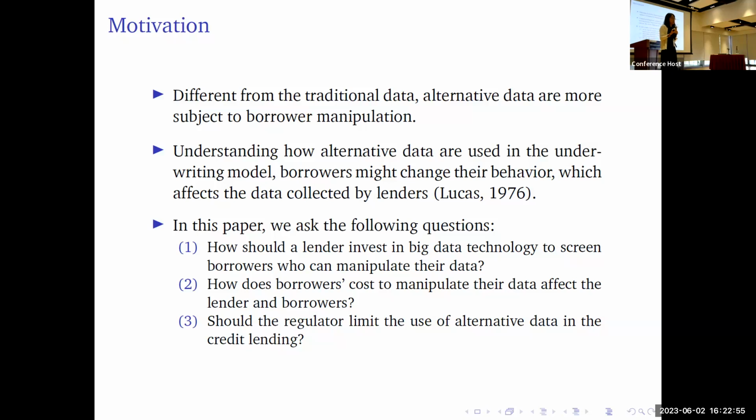You may just go to jail. But with this alternative data, you can purposely pretend to be a wealthy person. You go to some luxury hotel to spend your vacation and show some very fancy pictures, and just pretend, okay, I'm a wealthy person, and it's okay if you lend me this money.